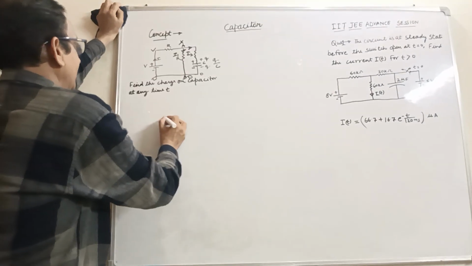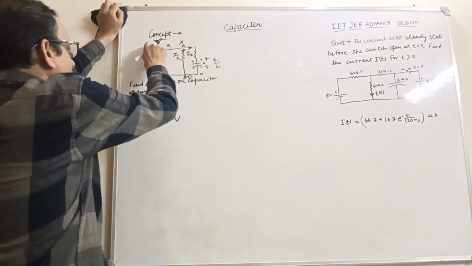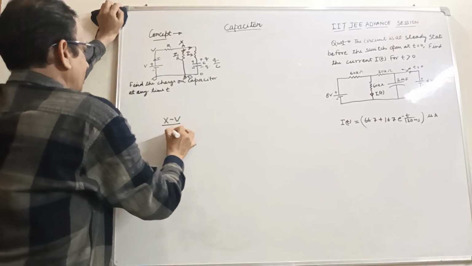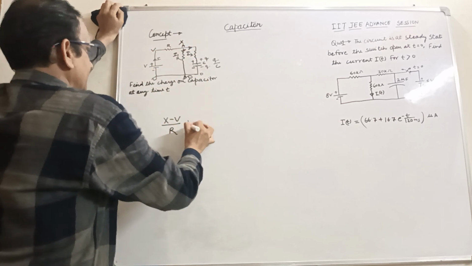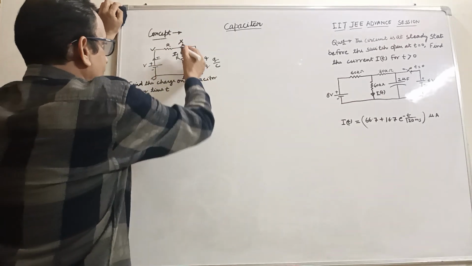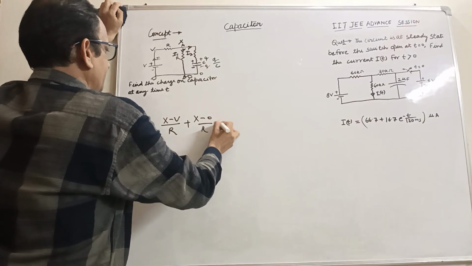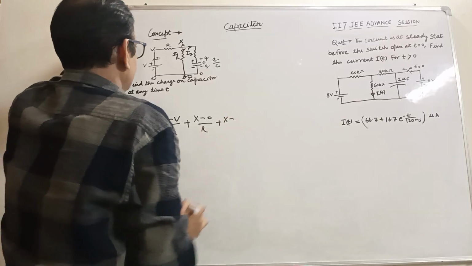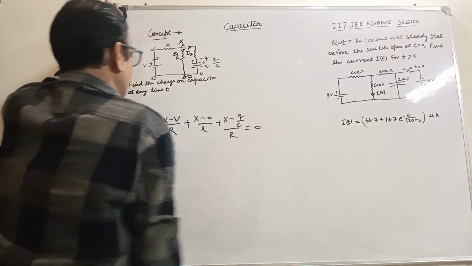So we write x minus V upon R, that is the current in this branch, plus x minus 0 upon R, plus x minus q by c upon R, that is 0.